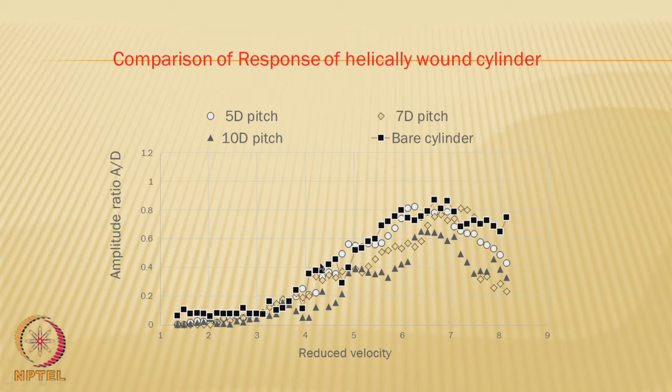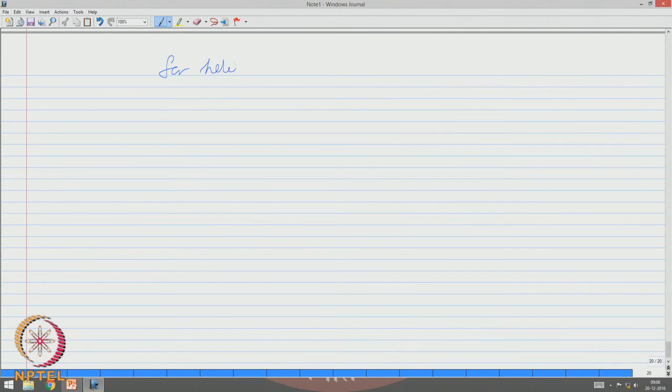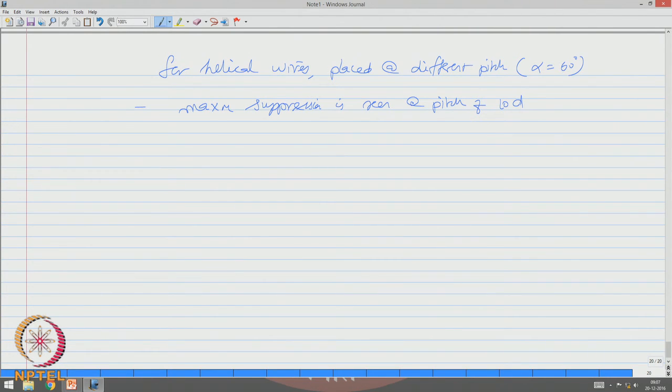So, by comparing these plots, one can now see for helical wires placed at different pitch, but at an angle of 60 degrees, which was found to be effective from the previous study, which was 50 degrees, it is seen that the maximum suppression is recorded at a pitch of 10D, where the area is reduced by about 40%.